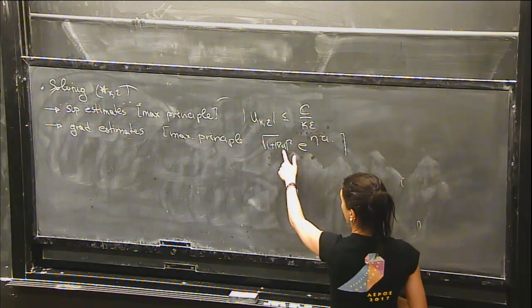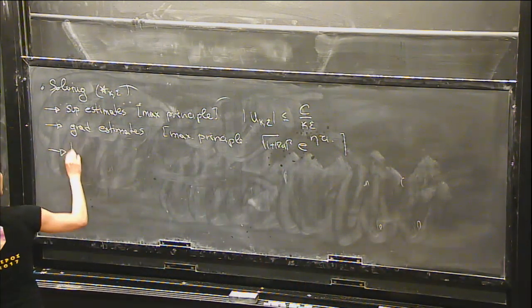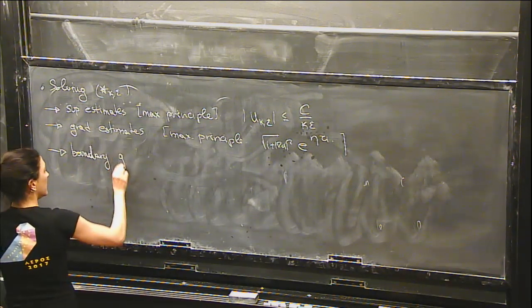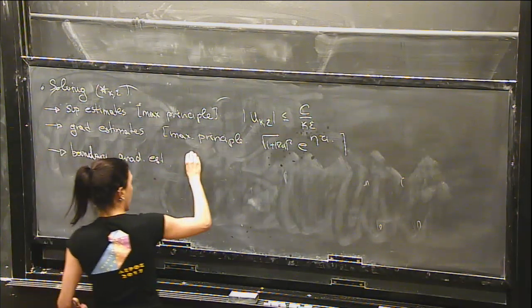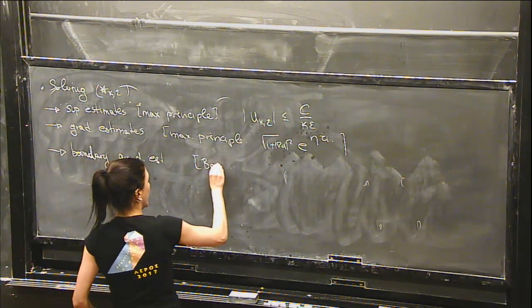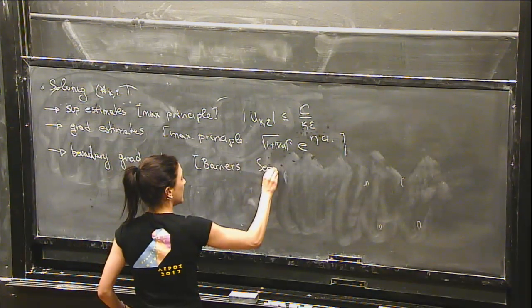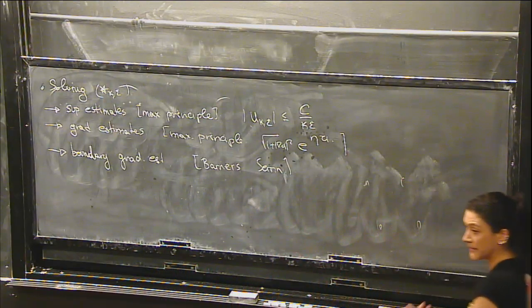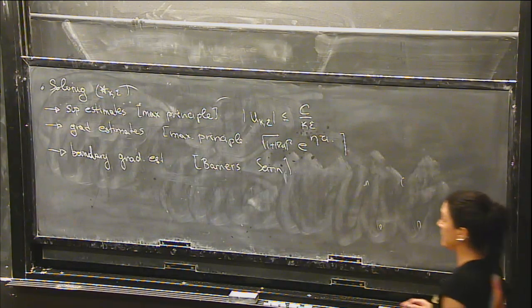This gives you an interior gradient bound. And for the boundary, we use barriers as developed by Serrin for the solution of the Dirichlet problem. Again, this is fairly standard.